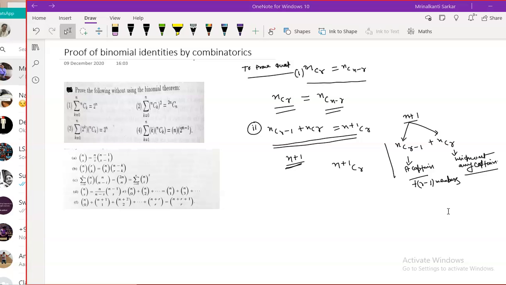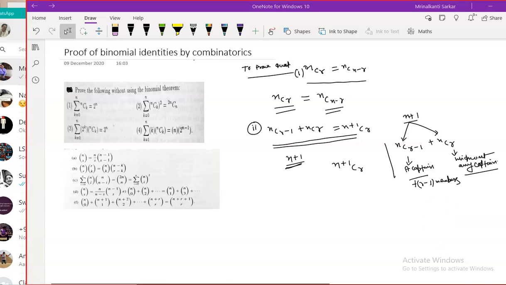In the first case, the number of selections will be nC(r minus 1), because when the captain is added to these r minus 1 people, we automatically get r members in the team. So your problem was selection of r, it is done.